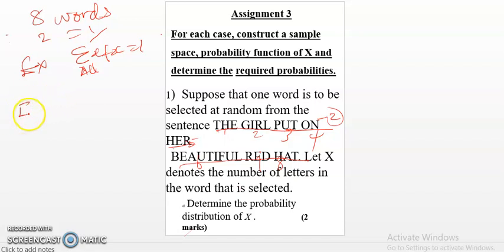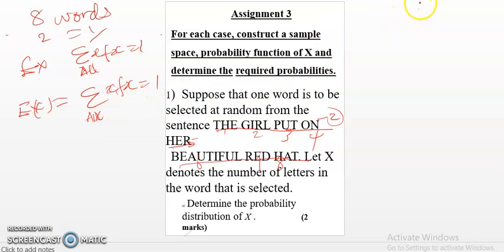So we simply have the summation over all x of f of x equals 1. And then we can now construct a table using that.